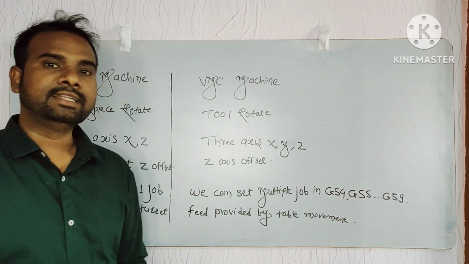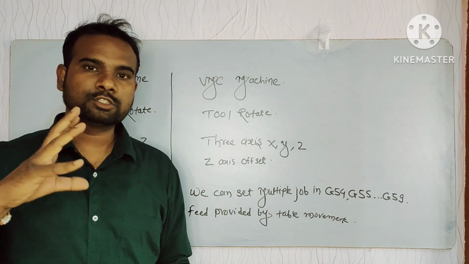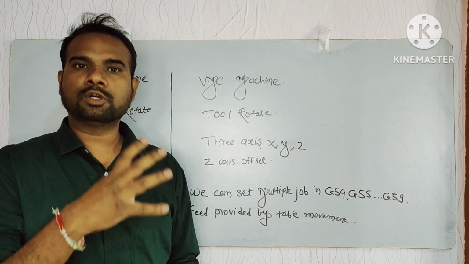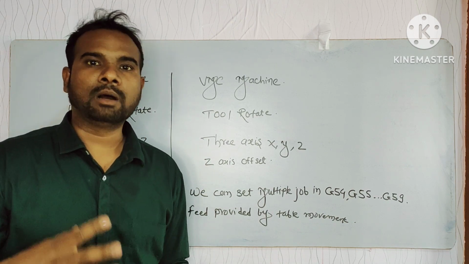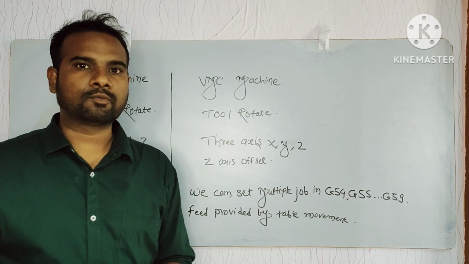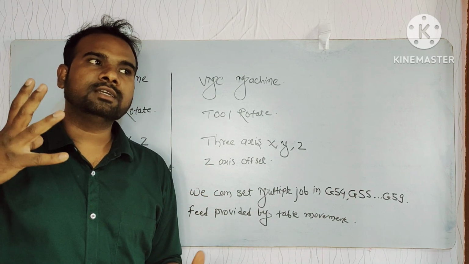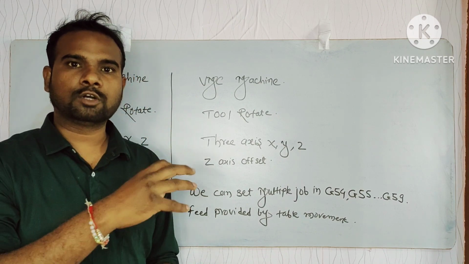Okay, and the next difference is in CNC machine we hold the job in jaws, whether 3-jaw or 4-jaw, whether in hydraulic jaw, or we can mount our 4-jaw chuck on the hydraulic chuck, and after that we can set our job in the 4-jaw chuck.